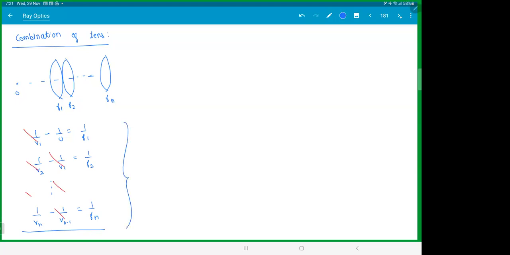And you end up with 1 by v final minus 1 by u is equal to the summation, sigma, 1 by f1 plus 1 by f2 plus so on till 1 by fn. So this formula, whatever we get here, you can write as 1 by f equivalent is sigma 1 by fi. So from here we can write this is the power of this combination.